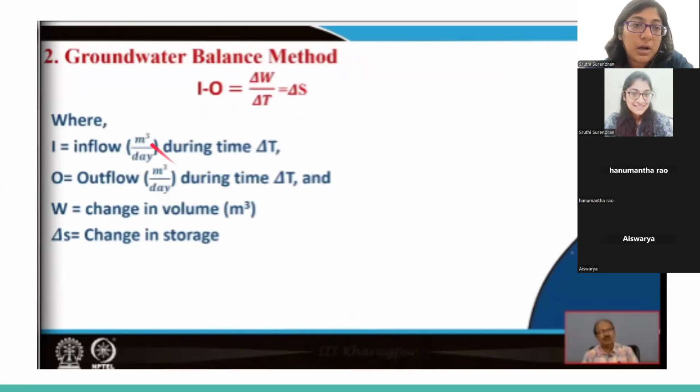Whatever is flowing in within a particular duration of time, and whatever is flowing out within that duration, if there is any change between these two values, it indicates that that volume is contributing to groundwater.